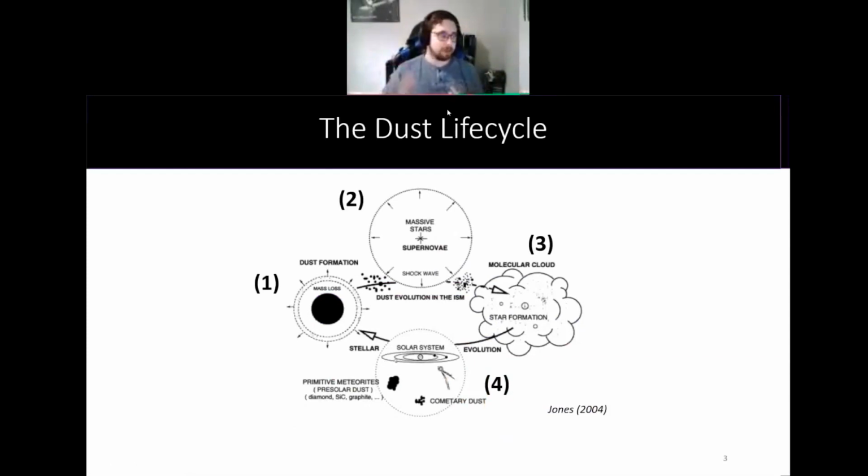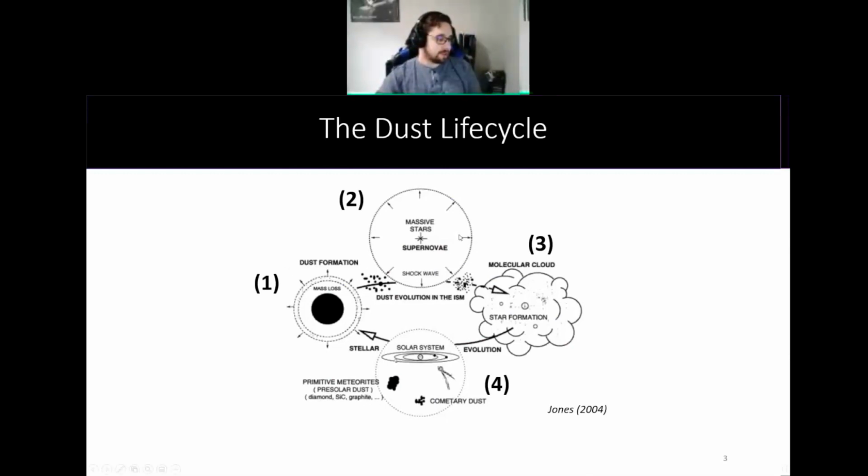I mention the dust life cycle because PAHs are typically thought of as the short wavelength range, or the small end, of the dust continuum. So PAHs and dust form in a much similar way. Typically you have dust formation in the outflows of low to intermediate mass loss AGB stars.